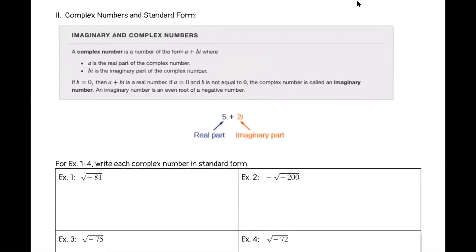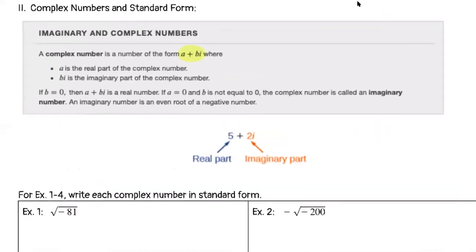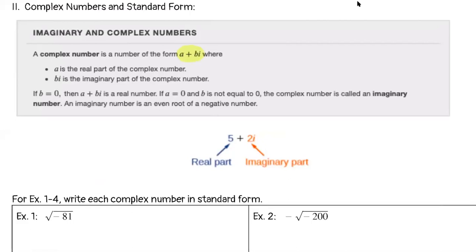All right. So let's take a more mathy look at what we mean by complex number. Okay. So a complex number is any number that has the form a plus bi. Okay. Now a is the real part, and bi is what we call the imaginary part. Okay. So a real part and an imaginary part.